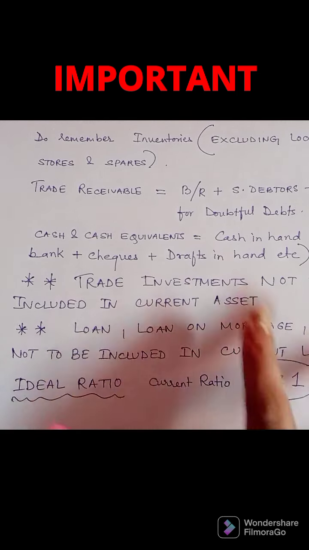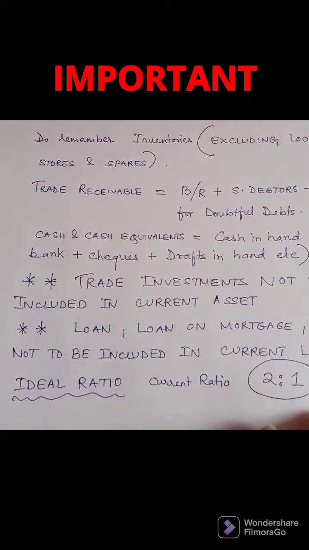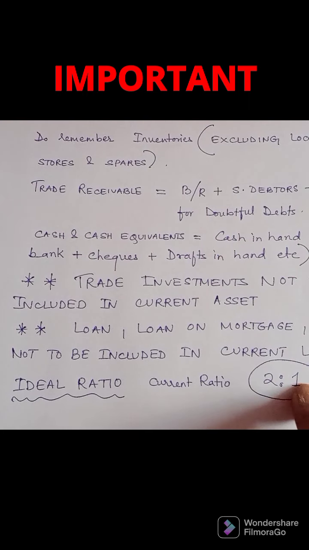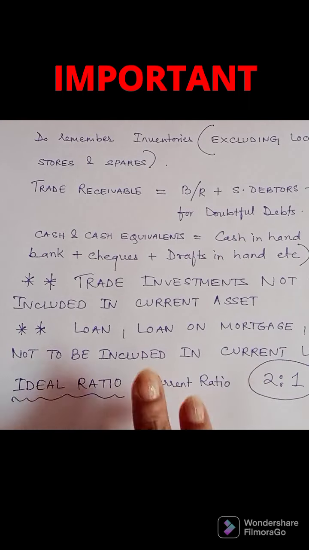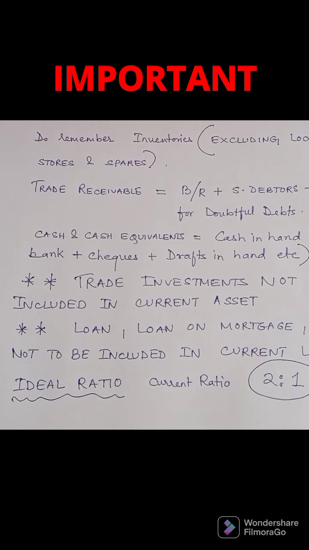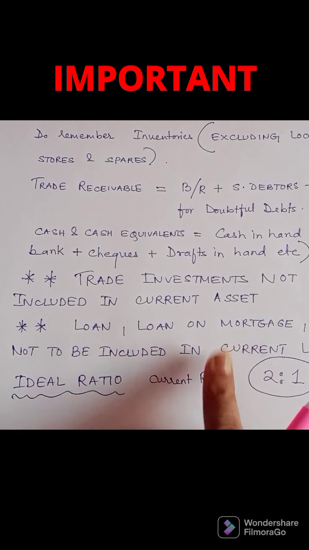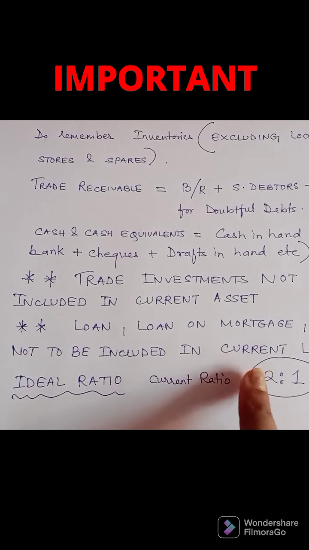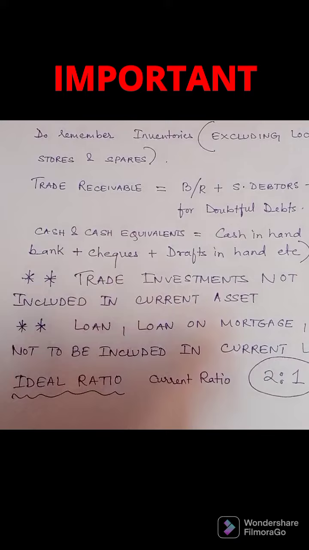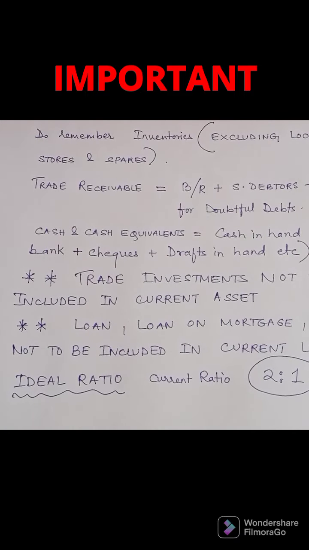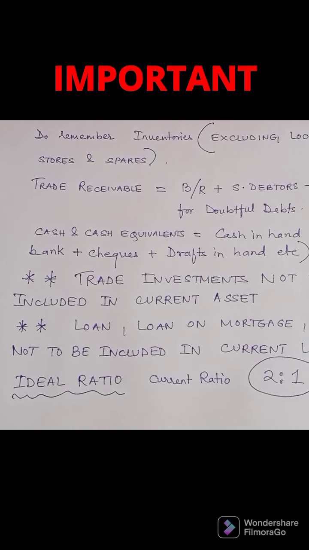So if there is a time when you have to pay off your current liabilities, you can very well pay that off. But if your current assets keep on decreasing and your current liabilities increase, then that indicates a not so safe position. So this is the ideal one. Greater than this is safer, better. But anything less than this, that is your assets are reducing, then we will say it's not a good thing for the business.